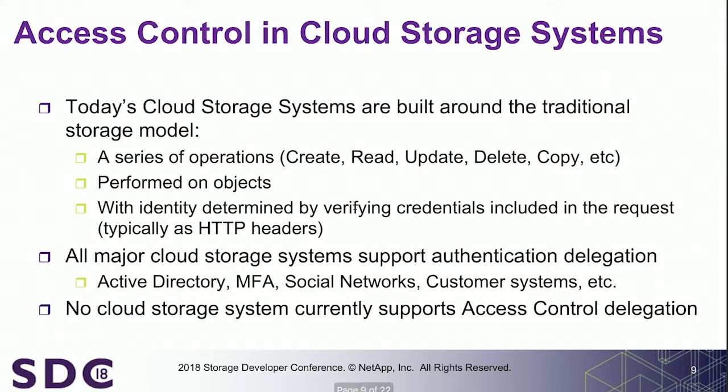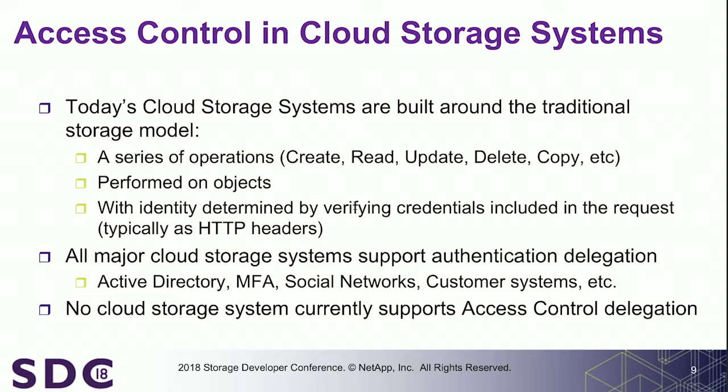So what does it look like in cloud storage systems today? Today's cloud storage systems are built largely around the traditional storage model. You have your operations, your create, read, update, delete, maybe server-side copy, etc. These are performed on objects, whether they're files or objects or key value stores. S3 is a key value store, for example, in my books.